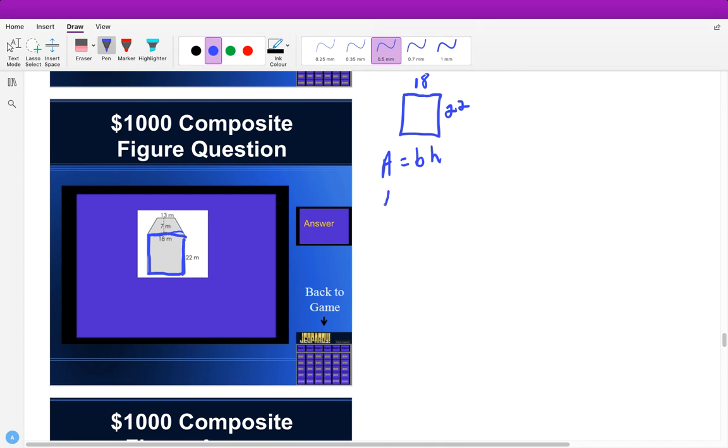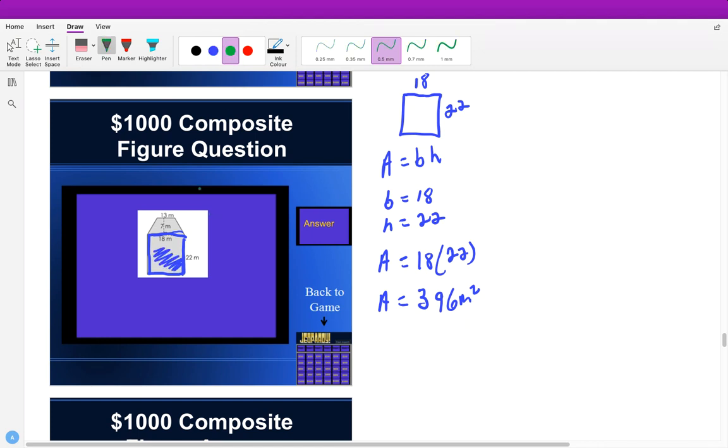My base is equal to 18. My height is equal to 22. So my formula for area of a rectangle here is 18 times 22, which gives me 396 meters squared. All right, so I just solved for this area here.